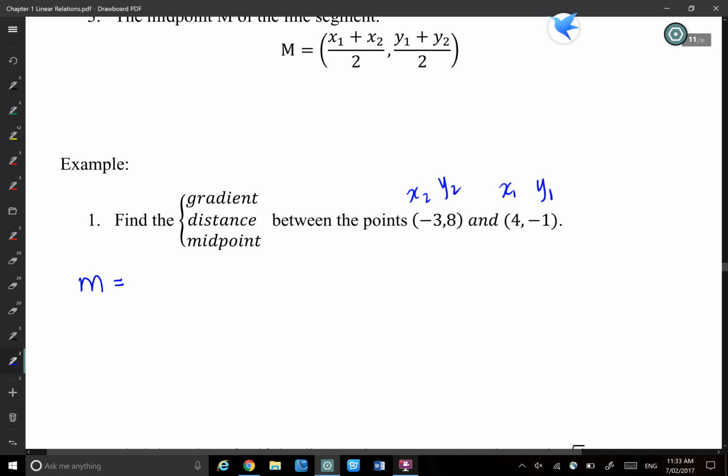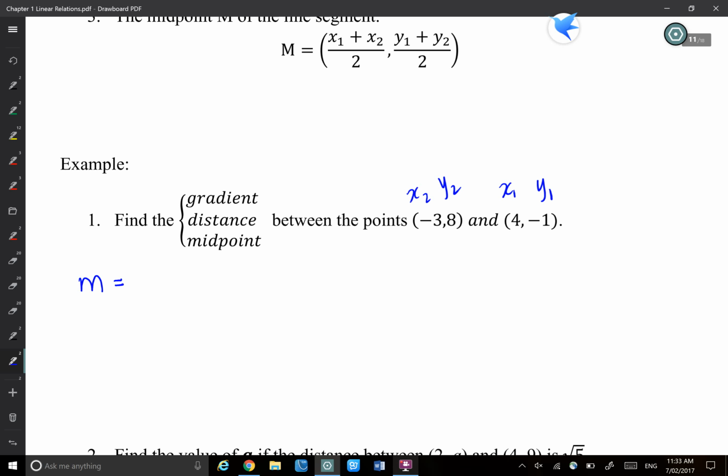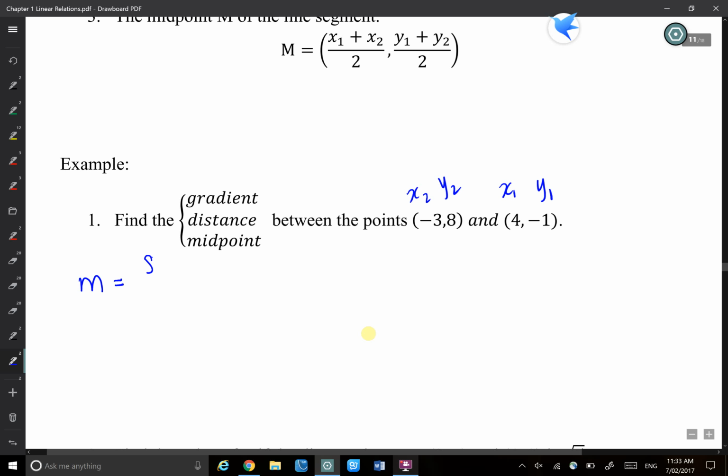It doesn't really matter which one is x1 and which one is x2. So y2 minus y1: 8 minus negative 1, over x2 minus x1: 3 minus 4. That gives me 9 over negative 7, which is negative 9 over 7. I'll put the negative outside.